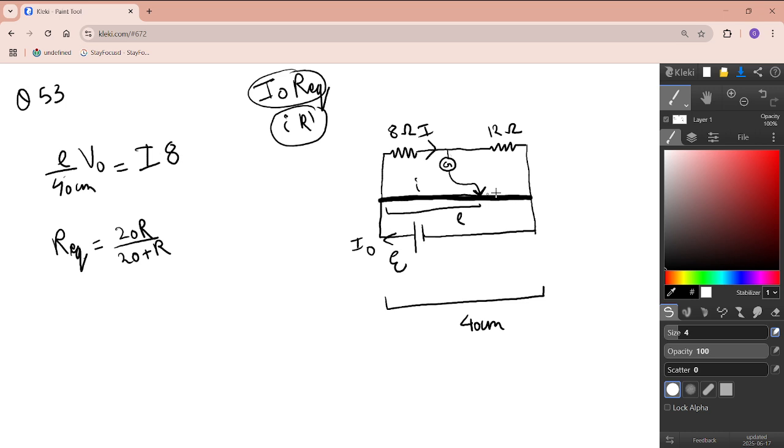You can get the potential difference across this one by both these formulas. But since this one is easier, because we have to find R naught and R dash and I is not known either, we can find R equivalent easily, which we have already found. We just need to find I naught.